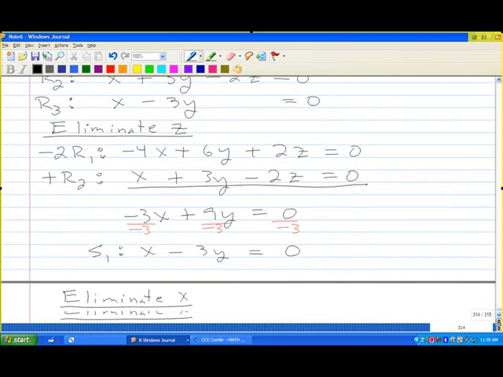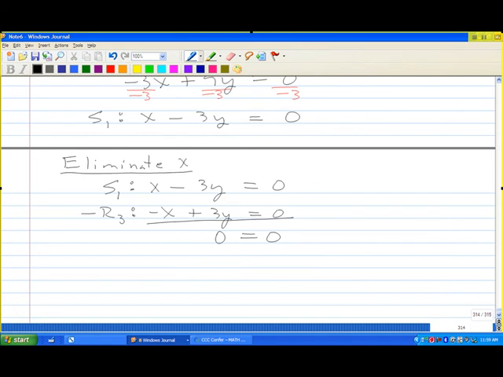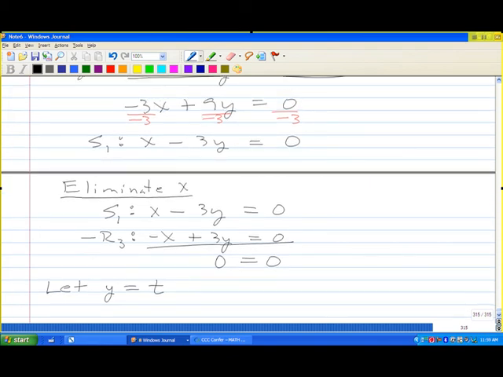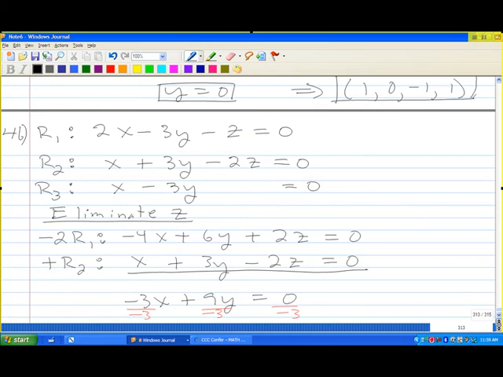And so that means that this is an undetermined system of equations. And so why don't I let y equal t. And so I can just sort of note that really this third equation here is the same as some combination of the above two equations.